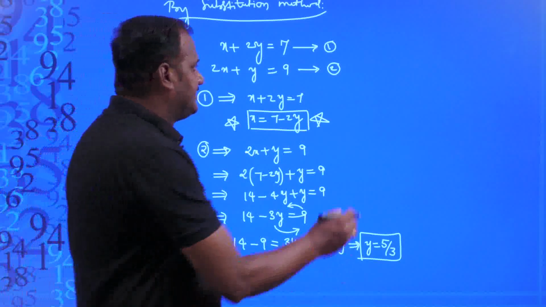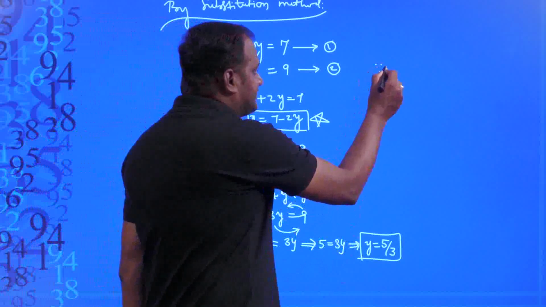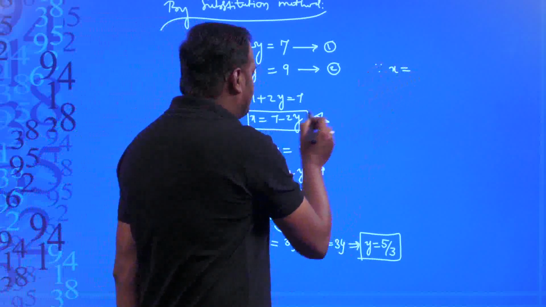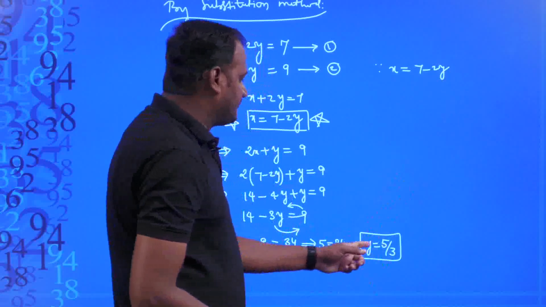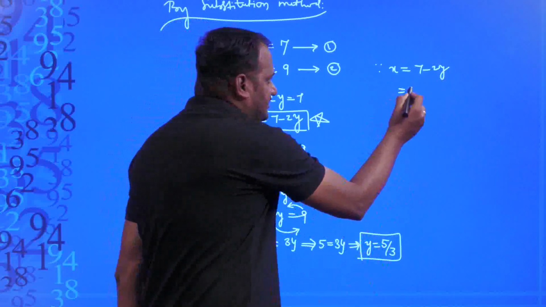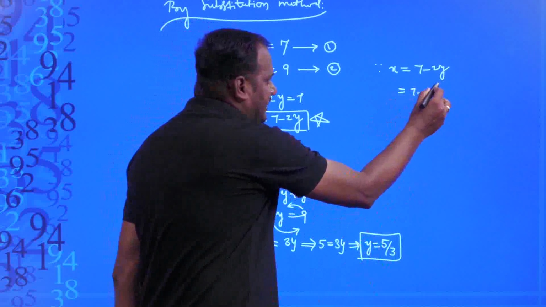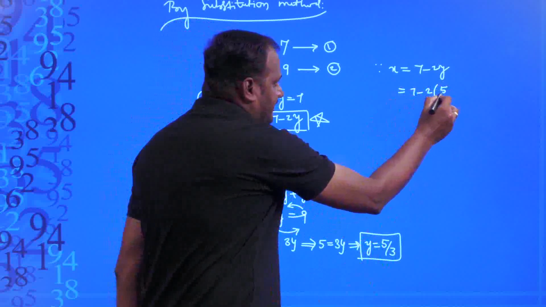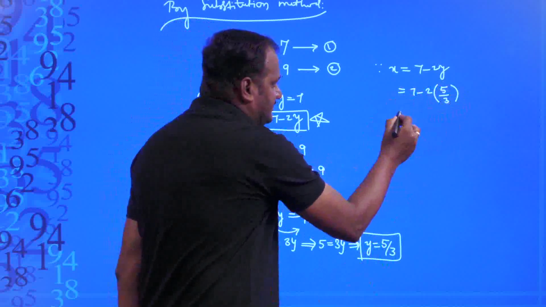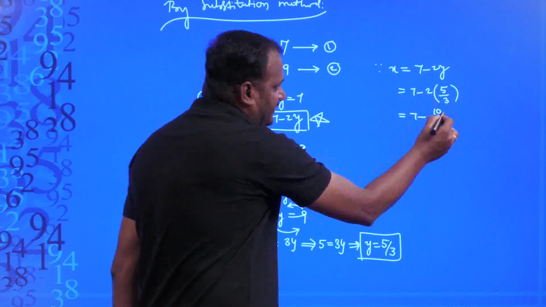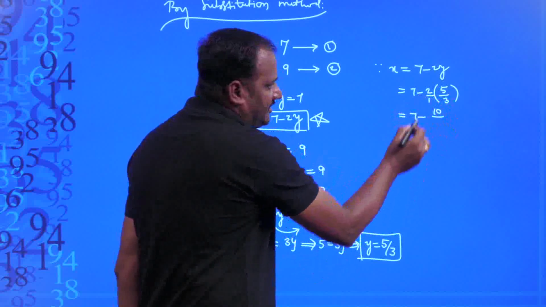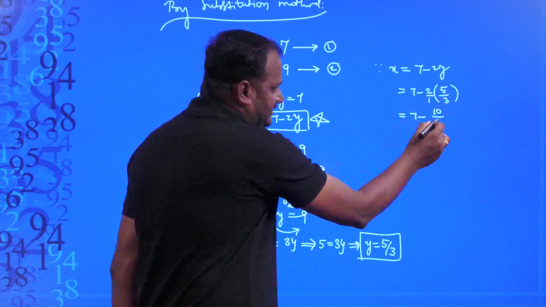value of x. So, since the value of x is going to be 7 minus 2y, substitute y is equal to 5 by 3, which is nothing but 7 minus 2 times 5 divided by 3, right. That implies 7 minus 2 times 5 is equal to 10, divided by 3.